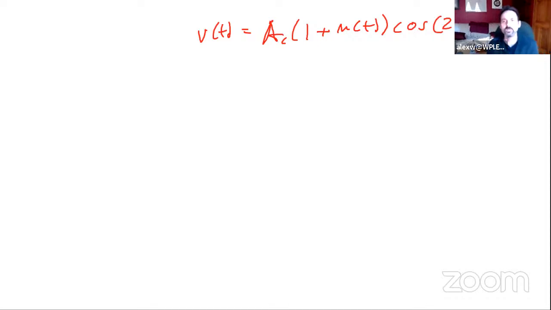We have v of t is equal to Ac times 1 plus m of t, cosine 2 pi fc t. All right. So what do I do? I need to get rid of that cosine. I absolutely 100% need to get rid of that cosine. So what do I do? This is what you do.